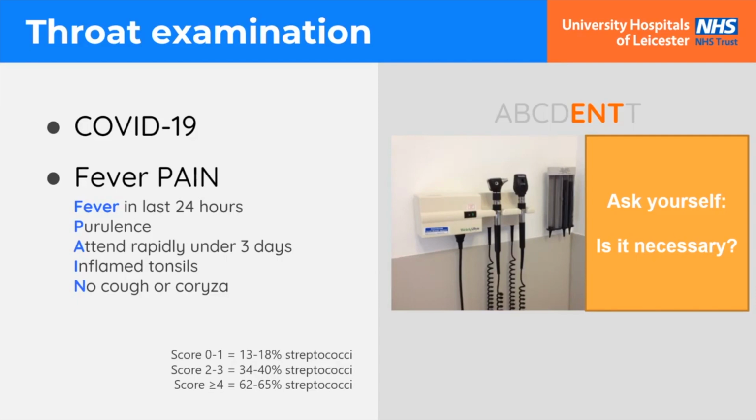And we can thus afford to be more pragmatic. However, there will be clinical presentations where it becomes necessary to look in the mouth of the child, and all the while we have to ask ourselves, is it necessary? What do we anticipate that it will add to our assessment?